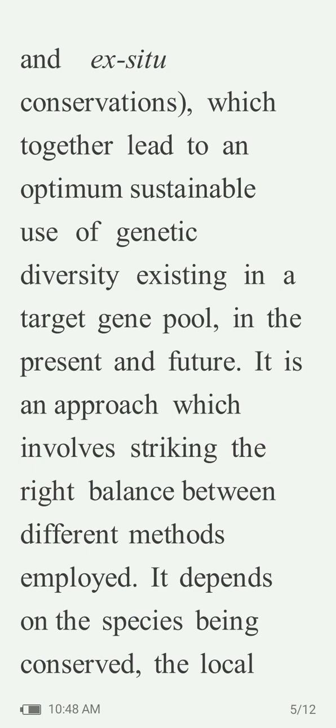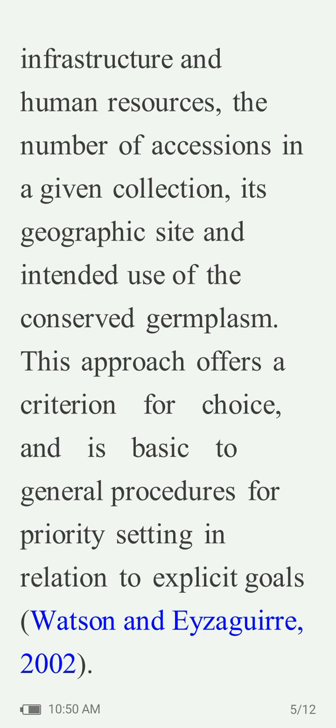It depends on the species being conserved, the local infrastructure and human resources, the number of accessions in a given collection, its geographic site, and intended use of conserved germplasm. This approach offers a criterion for choice and is basic to general procedures for priority setting in relation to explicit goals.